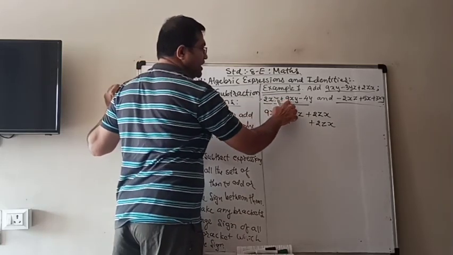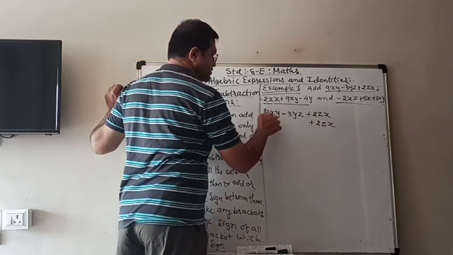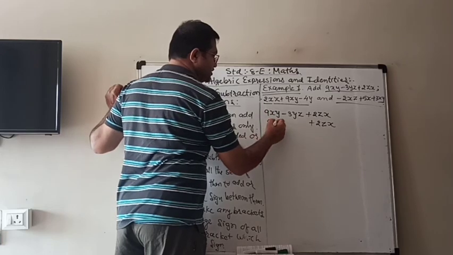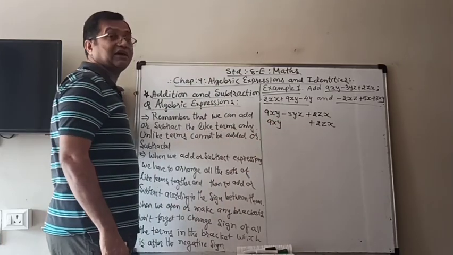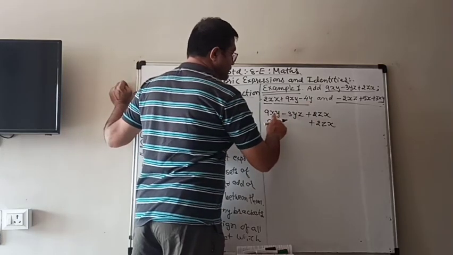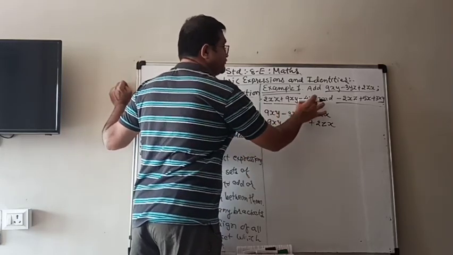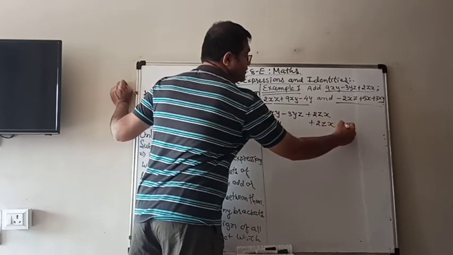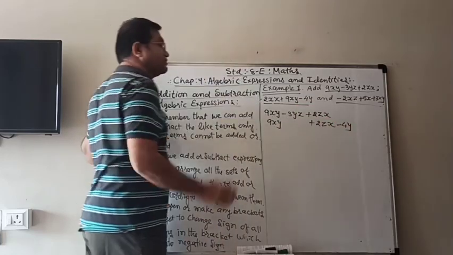Second term here is 9xy, so 9xy will be written down under 9xy. Then minus 4y. But here there is no term having only y, so we will write down minus 4y at last.